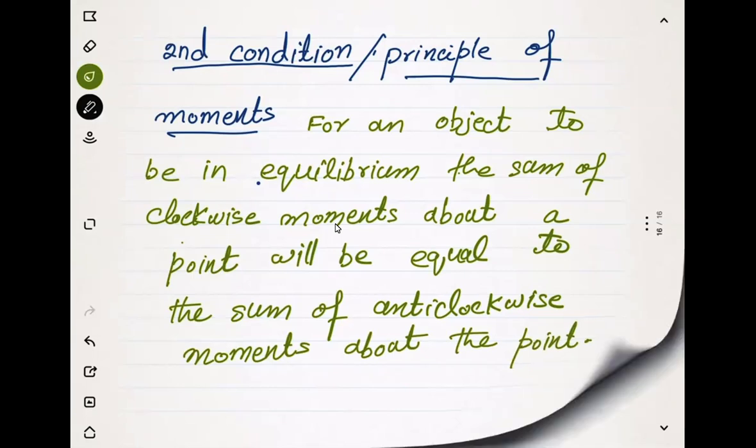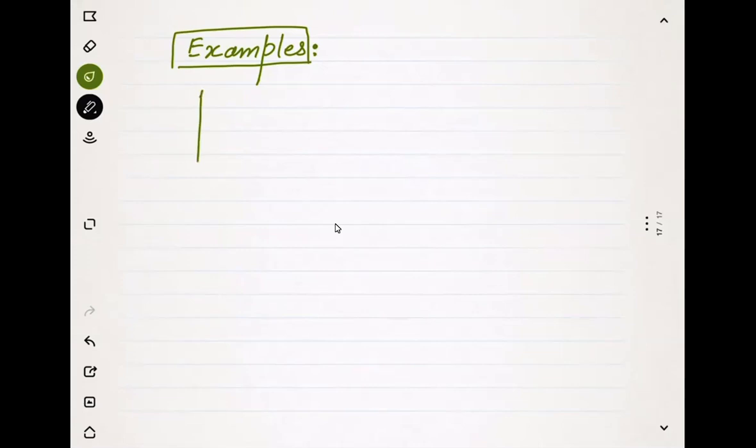Now let's go with some examples. Let's suppose we have a situation in which there is a wall, and against this wall we are balancing a rod.